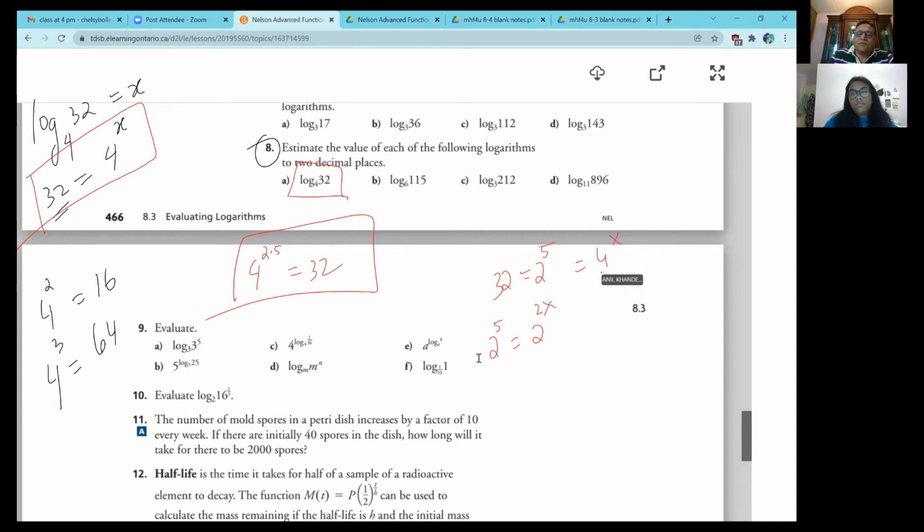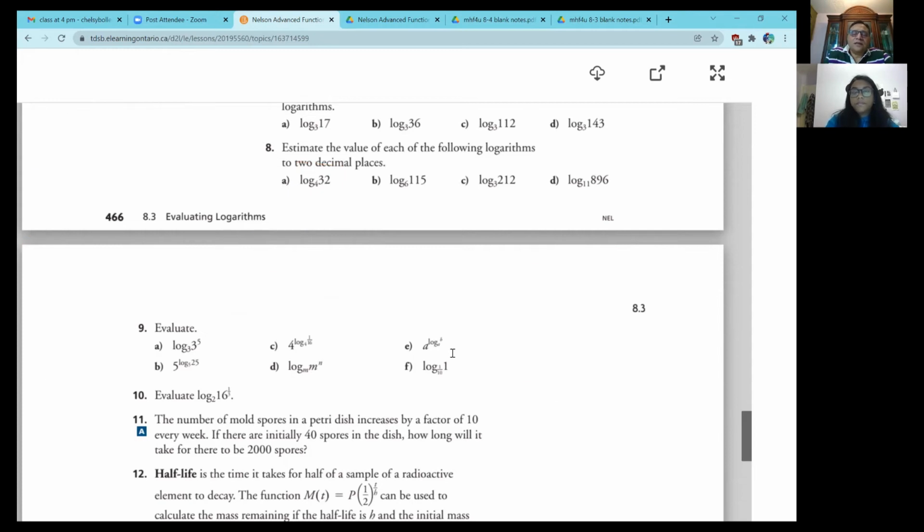And therefore, 5 is equal to 2x and 5 divided by 2 is equal to x, which is 2.5. You see how we got the exact value and why? Because both 32 and 4 have a common base of 2. That is why. Correct.